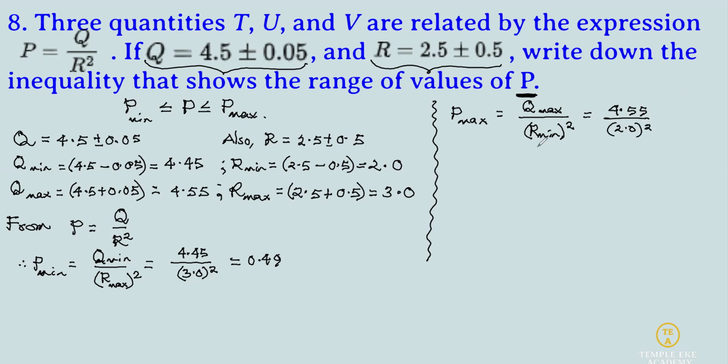This is going to give us P maximum, which is 1.14 with the aid of an electronic calculator. Beautiful. So we have P maximum and P minimum.